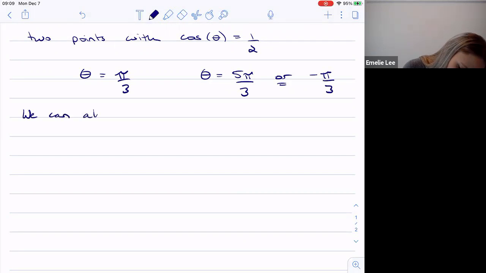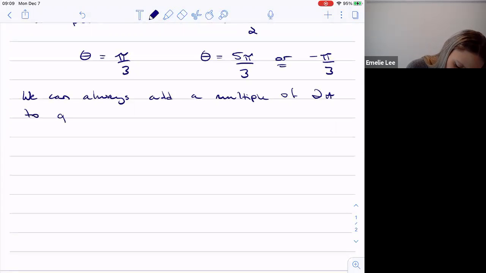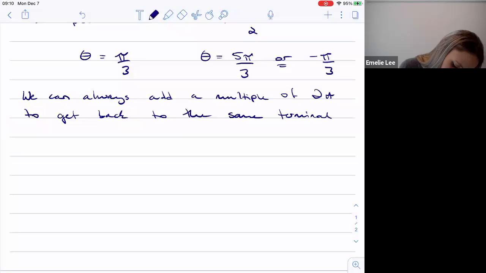We can always add a multiple of 2 pi to get back to the initial terminal point, or to the same terminal point, let's say.